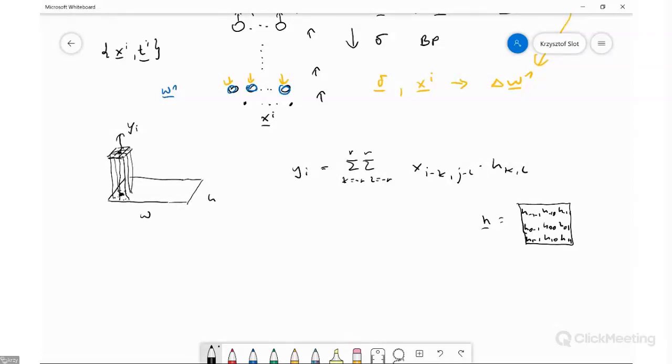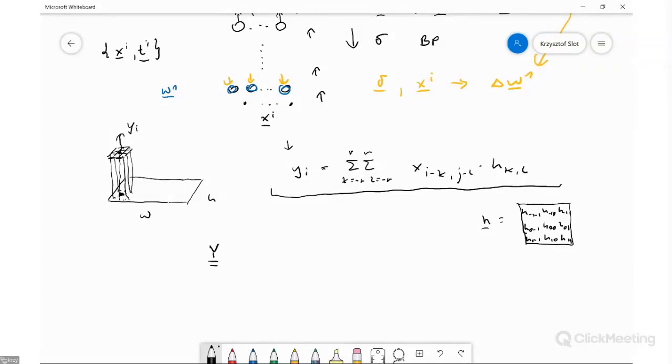So this will be my filter, and my image will be an array of values. And I will use a two-dimensional convolution. That means this is just a single output, and if I now move this filter using, for example, stride 1 along x and along y, or along width and along height, I will be producing an output.